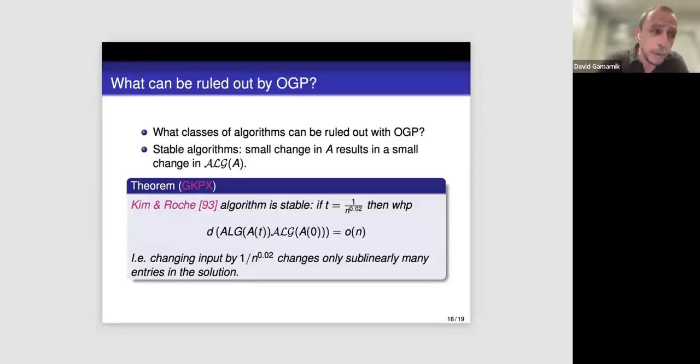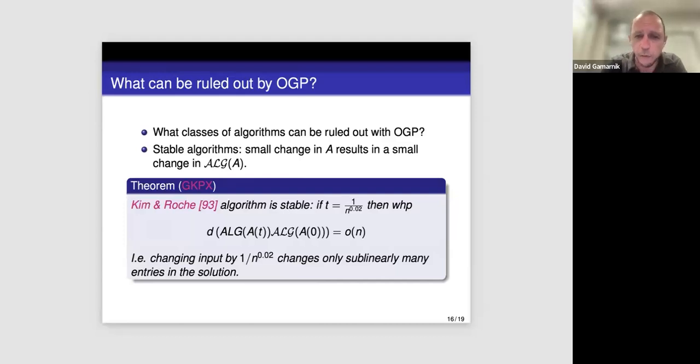It's mixed. I wish we were hoping for the answer to be as clean as that. Both algorithms are stable, therefore they work only up to the OGP threshold, and after the OGP threshold, no stable algorithms can exist. The Kim and Rush algorithm, the first one they introduced, is stable. With the right parameterization, with the right quantifiers, you can make it so. I gave it a semi-precise attempt.